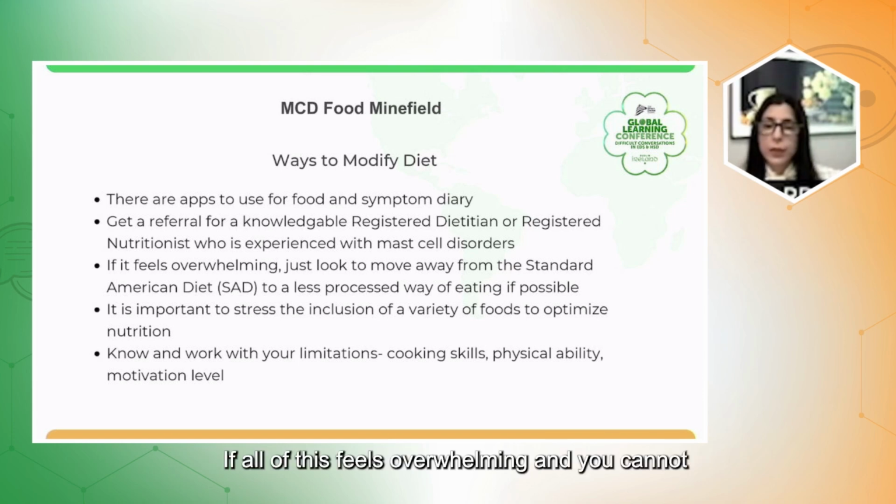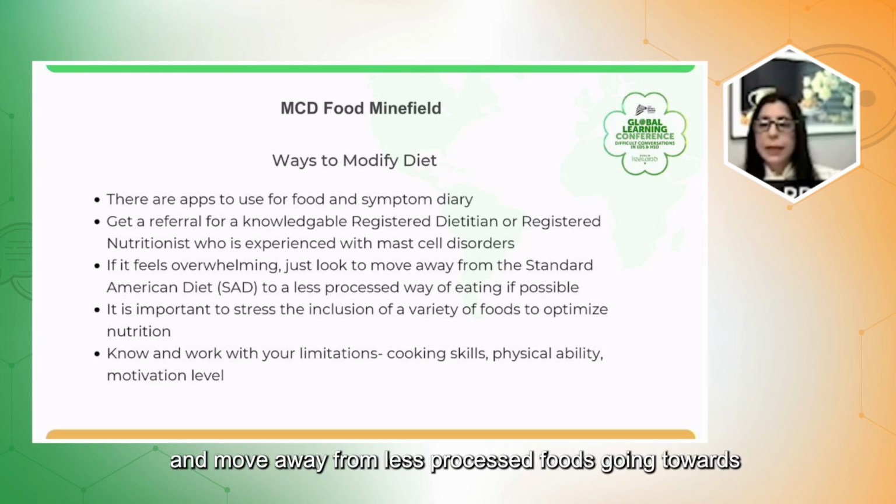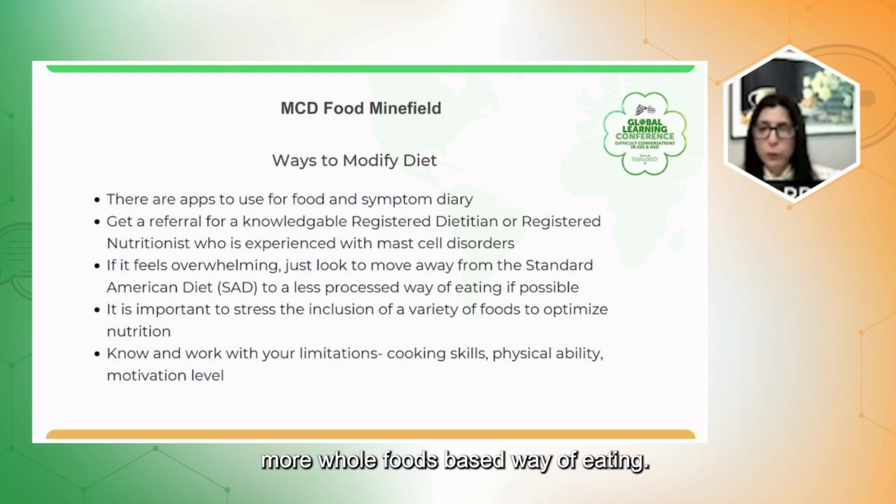If all of this feels overwhelming and you cannot find a practitioner who has knowledge in mast cell disorders, a great place to start would be, and I know not everyone here listening is an American, but is to move away from the standard American diet, the SAD diet, and move away from processed foods, going towards a more whole foods based way of eating.